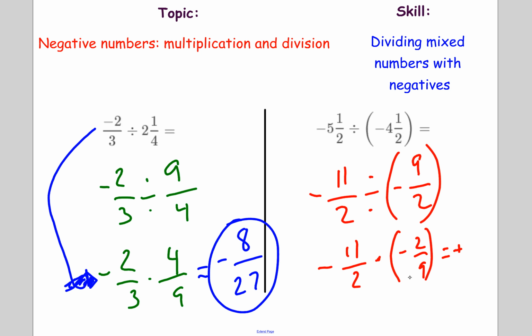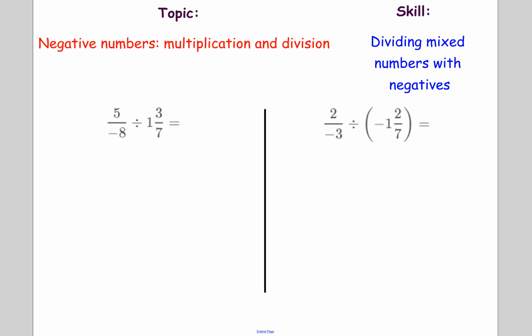Can't simplify here, can't simplify there, but I can simplify 2 and 2. 2 goes into itself once, 2 goes into itself once, multiply across. Okay, that's my fraction bar. My numerator is 11 times 1, which is 11. My denominator is 1 times 9, which is 9. 11 ninths.